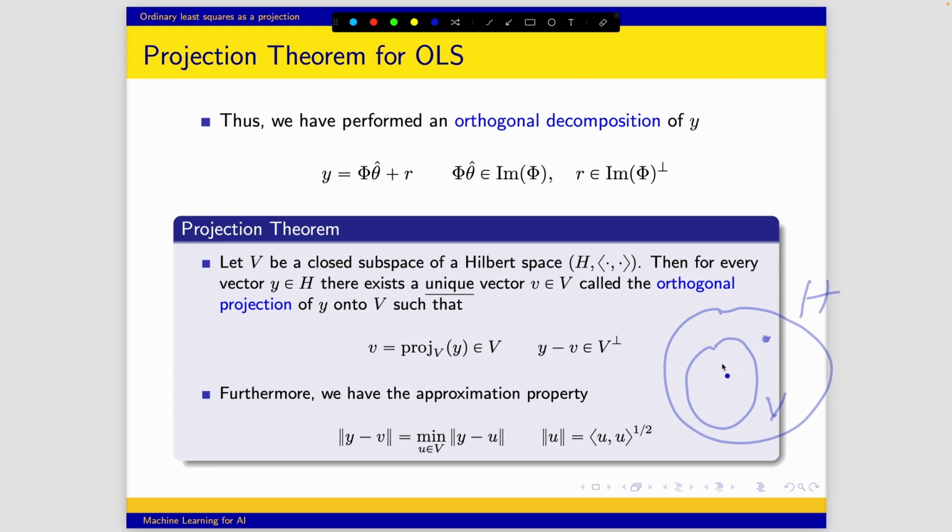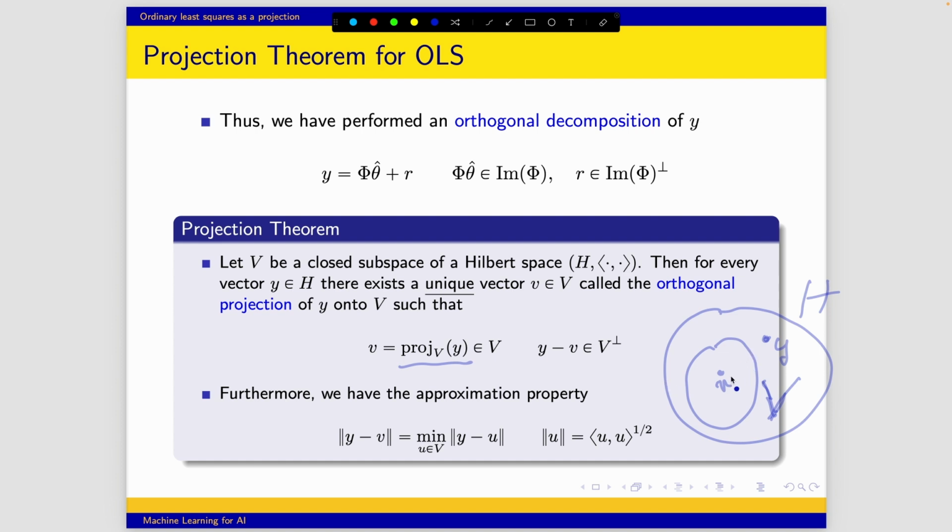Let's say it lies here, it doesn't lie in V. Now, we want to approximate this as a vector just in here. So that approximation of our y, so this is our subspace V, and this is the orthogonal projection of y onto the subspace V.